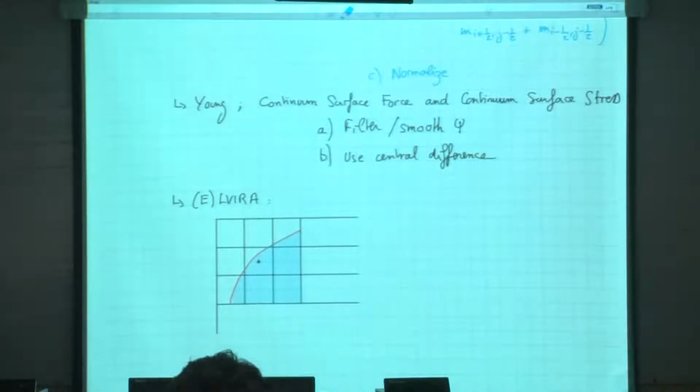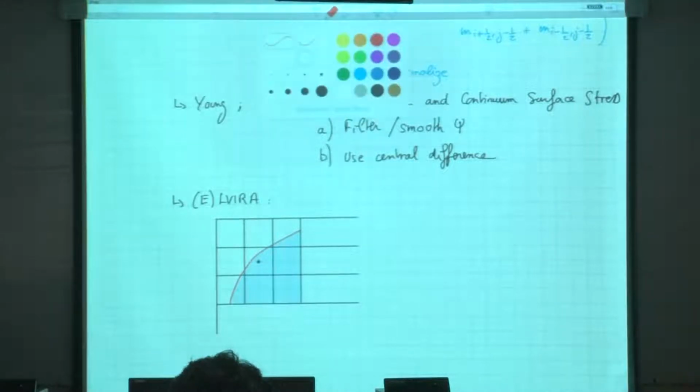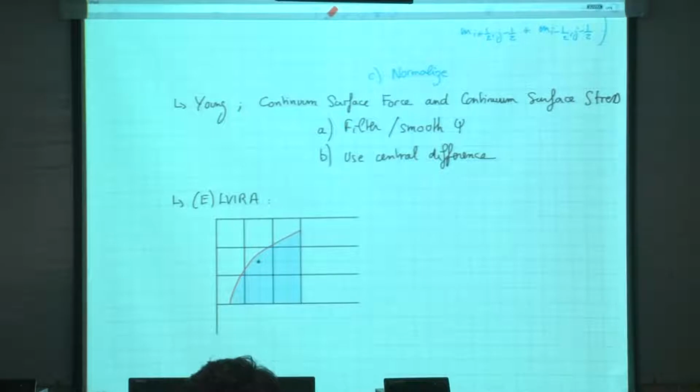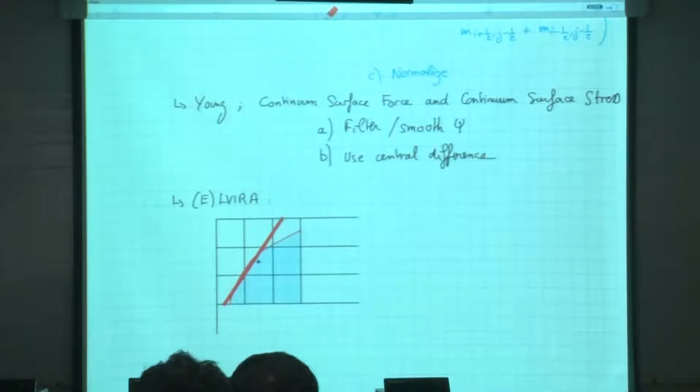Now, what Elvira is going to do is it's going to find, in an optimal sense, an overall orientation for my interface. Well, that's not a good or convincing looking orientation.